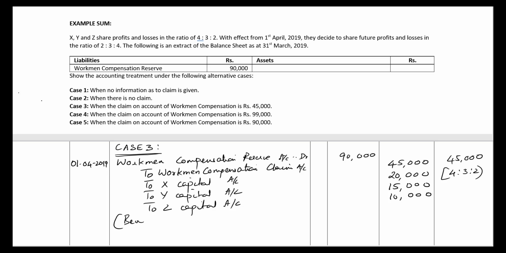being transfer to claim and balance distributed amongst partners in old profit sharing ratio.